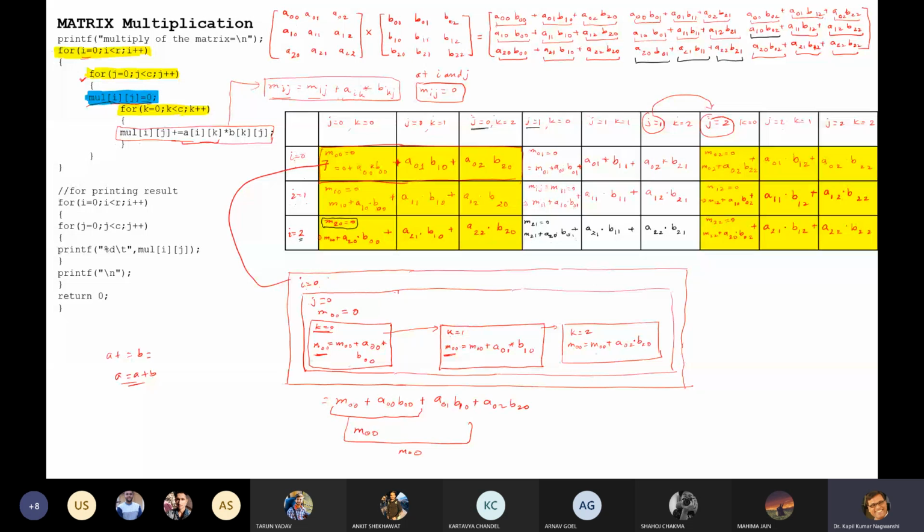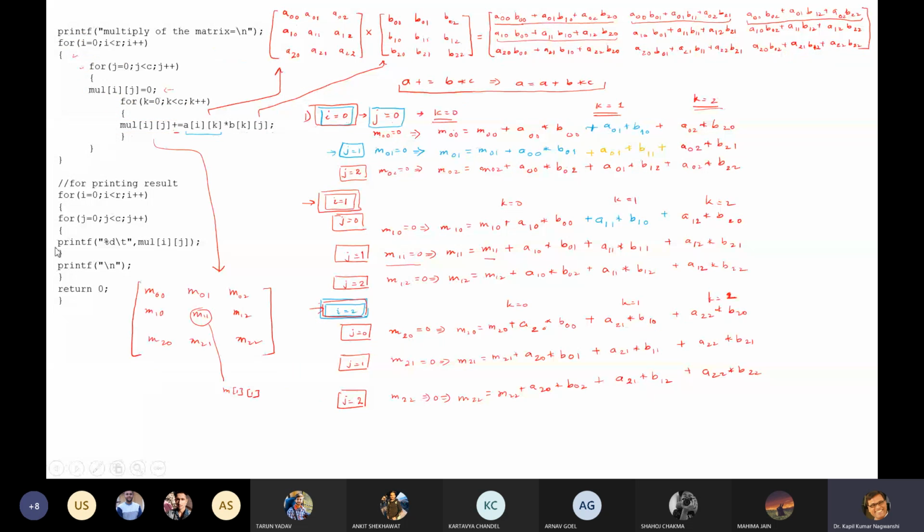After that you can use a for loop, and after this, a very similar for loop will print M00, M01, M02 and so on, and this will give you all the values. So I think this is very easy to understand. Yes or no? Yes, sir.